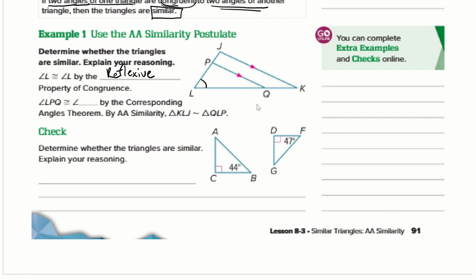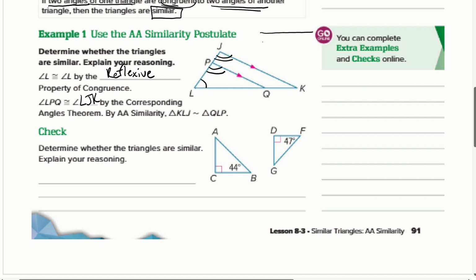Next, if we look at angle LPQ, which is this angle right here, notice that it is congruent to this angle right here, LJK. These two sides are parallel, so we've got ourselves a sandwich model.